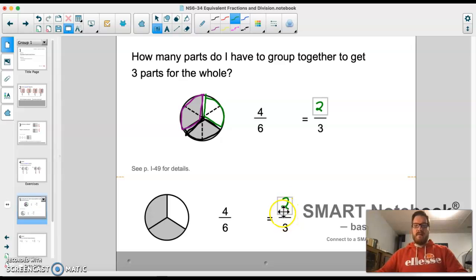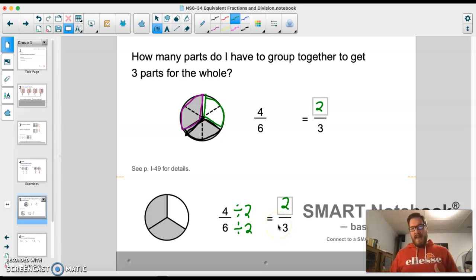And if we start thinking about division, we can figure out the number that we would use to, in this case, divide the numerator and denominator by to get to a fraction that's in lower terms. And so what we would say is I would divide 4 and 6 by 2, and that's going to, 4 divided by 2 equals 2, and 6 divided by 2 equals 3, and that's going to help me simplify the fraction down into what's called lowest terms.